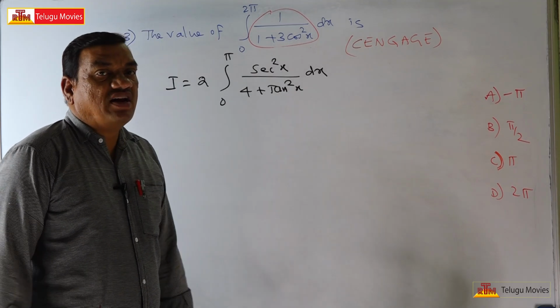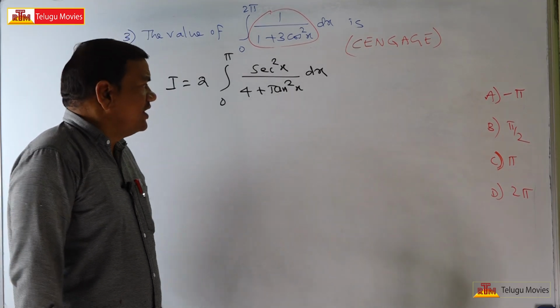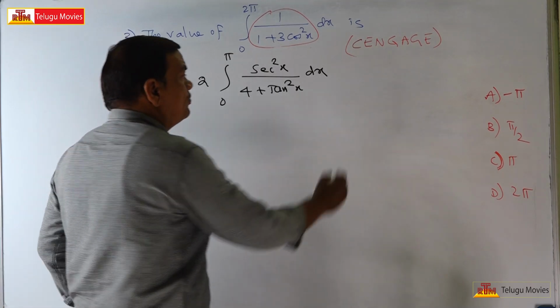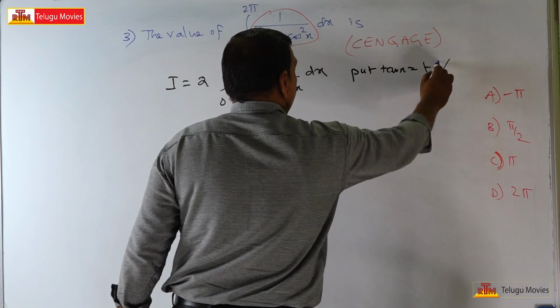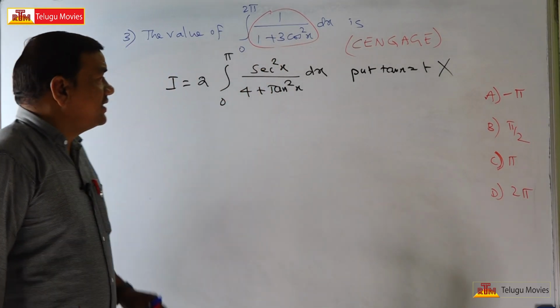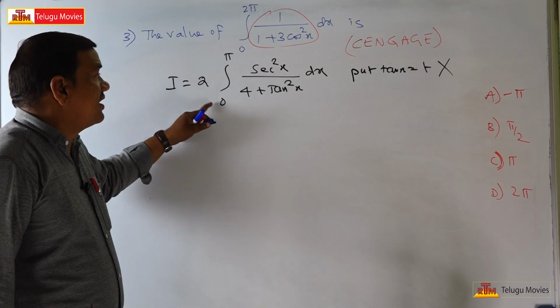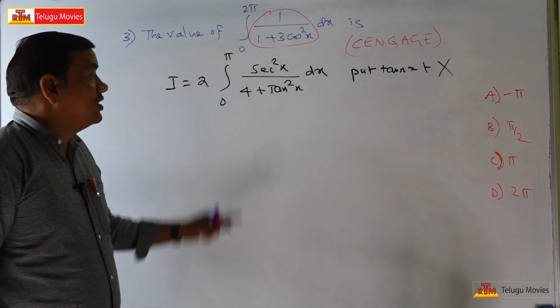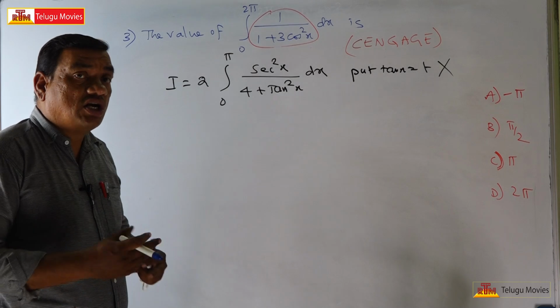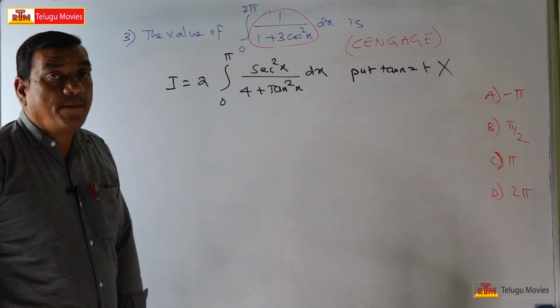Dear students, welcome back to the problem. Here also you should not put tan x is equal to t. Why? Because tan x is not continuous in the interval 0 to pi. If you see the graph, at pi by 2 it breaks.